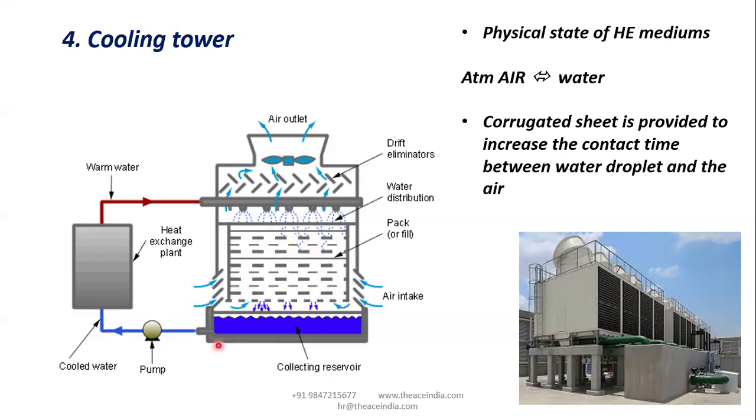So it ends up at the bottom of this cooling tower, which is named as the collecting reservoir. At the same time, on the top side, with the help of this top discharge axial fan, the hot air is rejected continuously to the atmosphere.